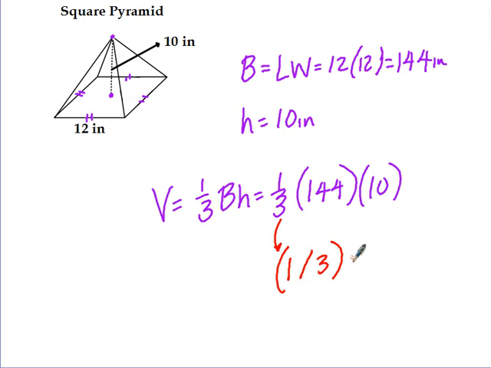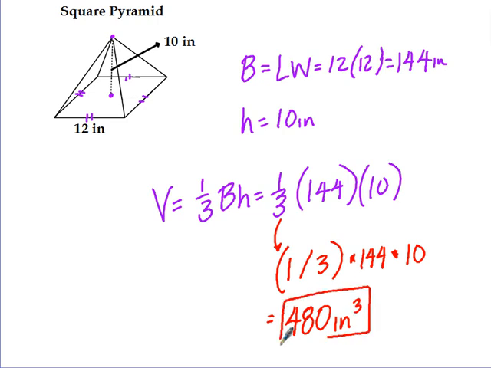And then you can just do times 144 times 10. And you should get 480. And don't forget your units, and since we're doing volume, it's in inches, not centimeters. Since we're doing volume, it's still going to be cubed. So it's going to be 480 inches cubed. So when you go to put the 1/3 in the calculator, just put parentheses 1 divided by 3.